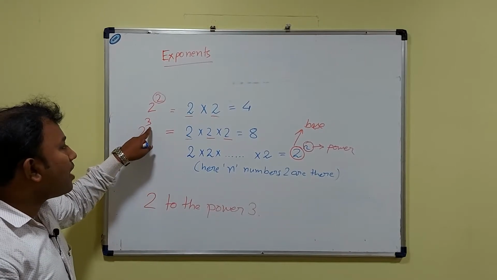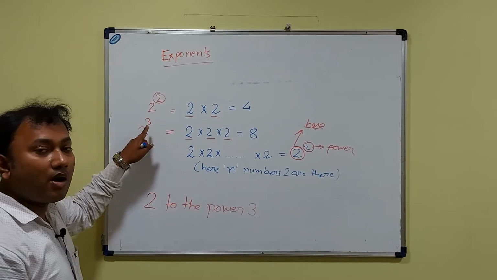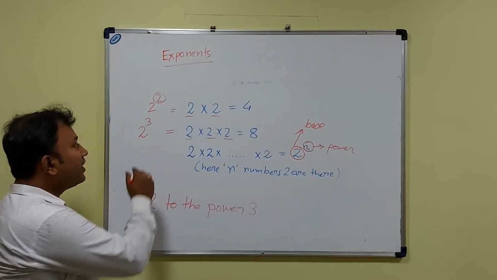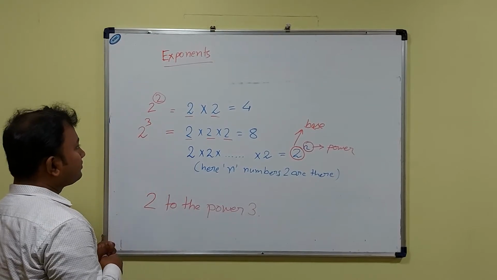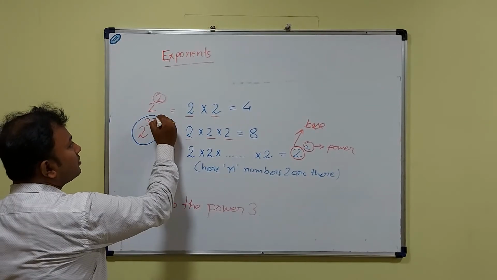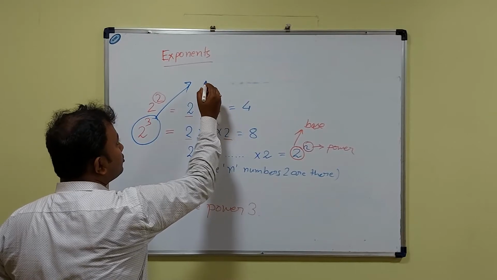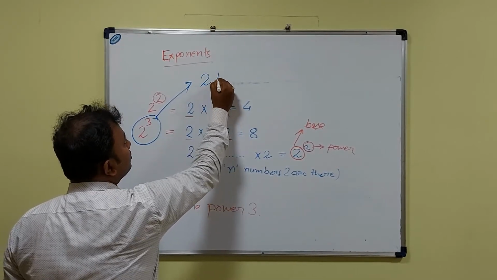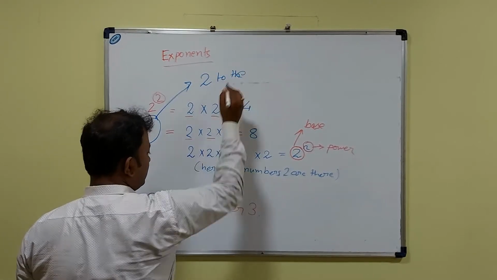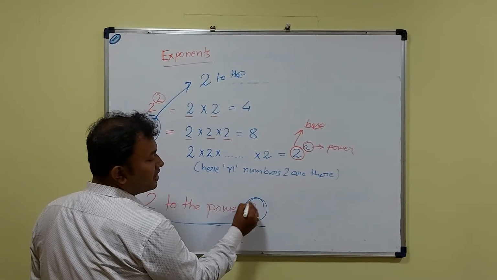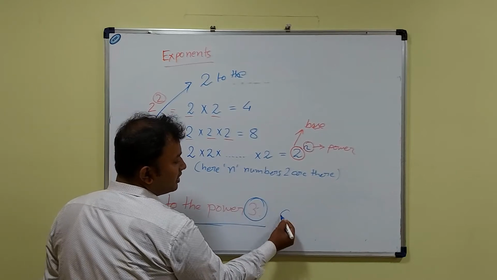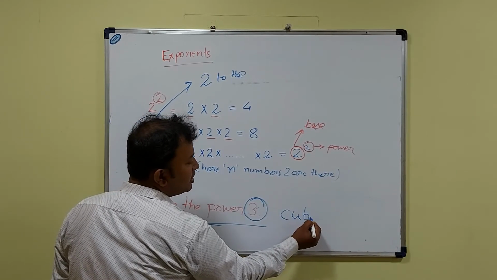Now if the power is 3, then it is pronounced as cube.